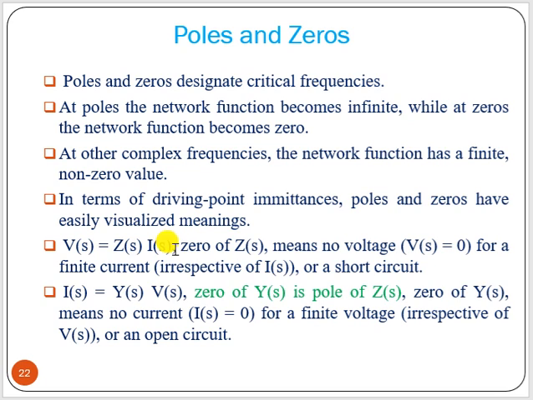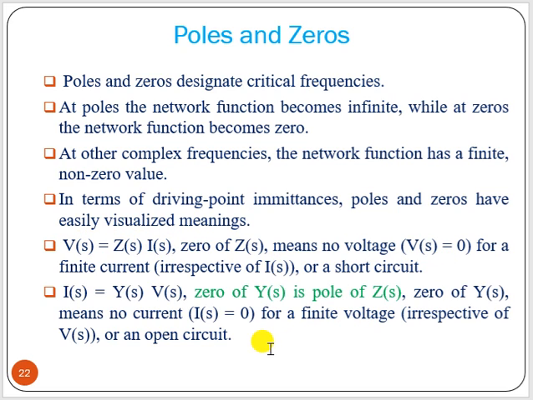If Zs equal to 0, then Vs equal to 0, irrespective of the value of current Is. That means it is a short circuit, right? For a zero of Zs, the function makes Zs equal to 0, so Vs becomes 0 irrespective of Is. That means it is a short circuit.